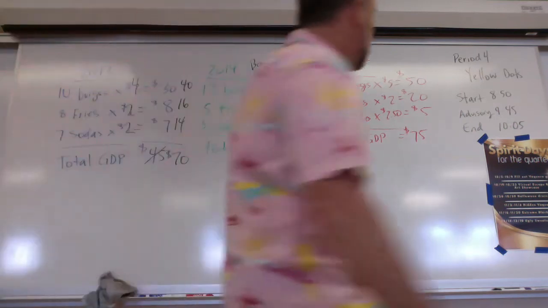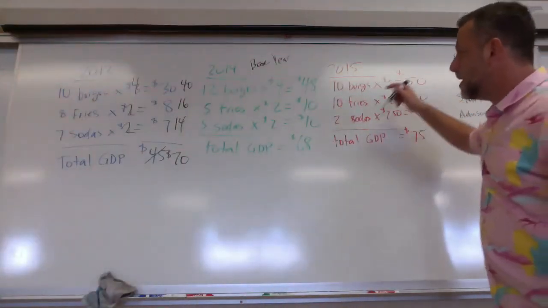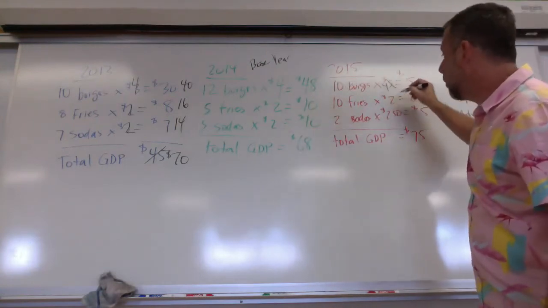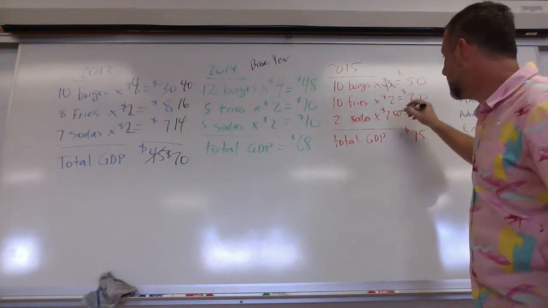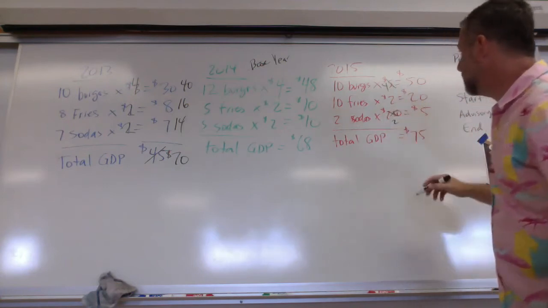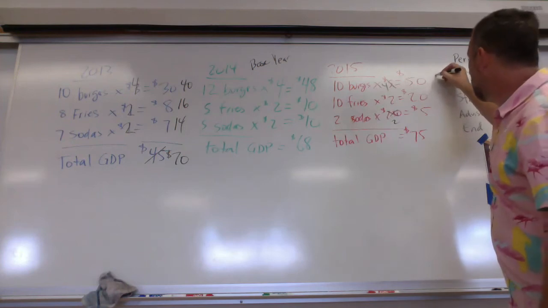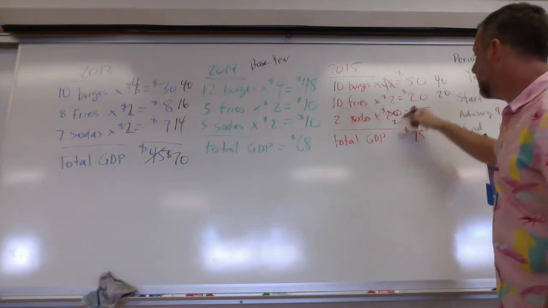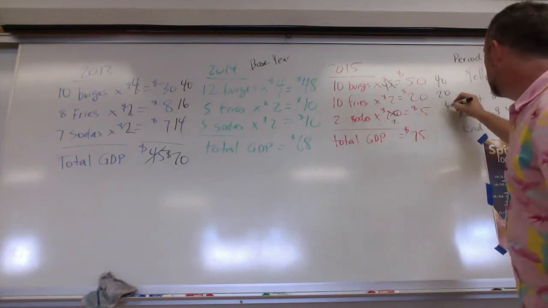Now we have to come over to 2015 and plug in our 2014 prices because that's our base year. 4, 2 stays the same. That becomes 2. 10 times 4, 40. 10 times 2, 20. 2 times 2, 4.